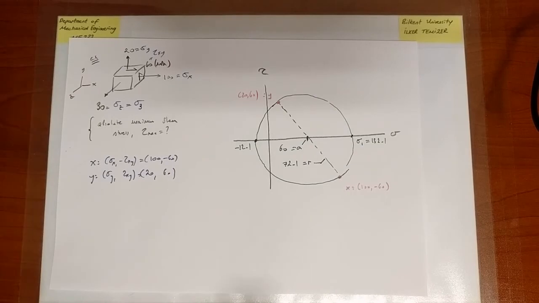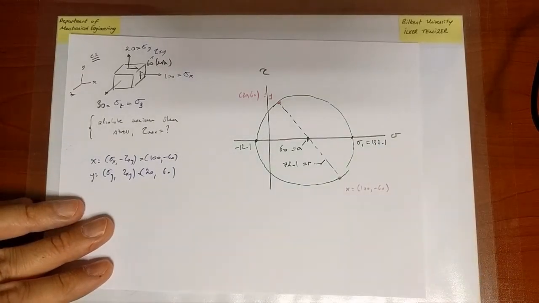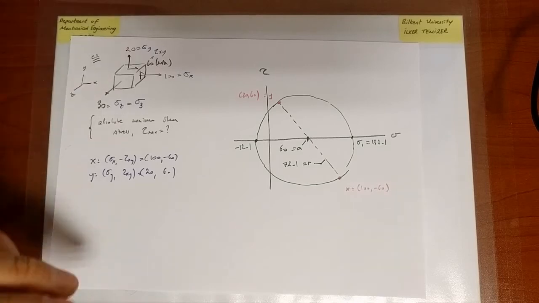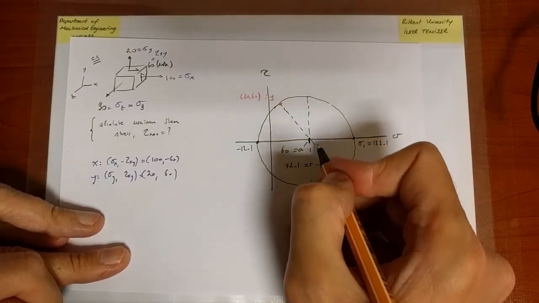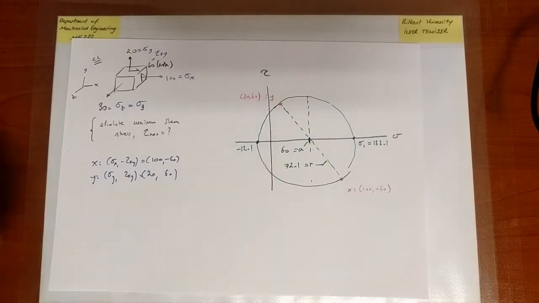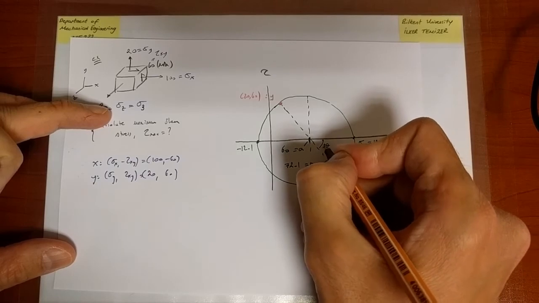Okay. Now therefore, so this of course is our 2 theta n.